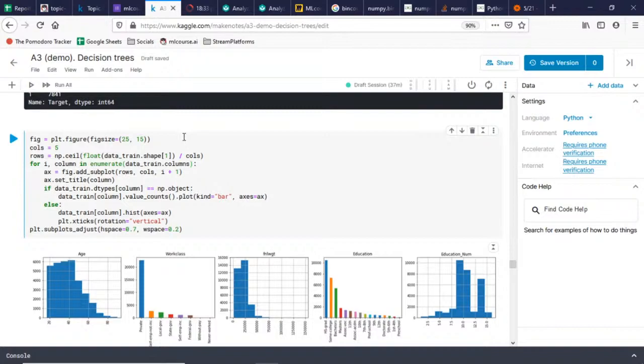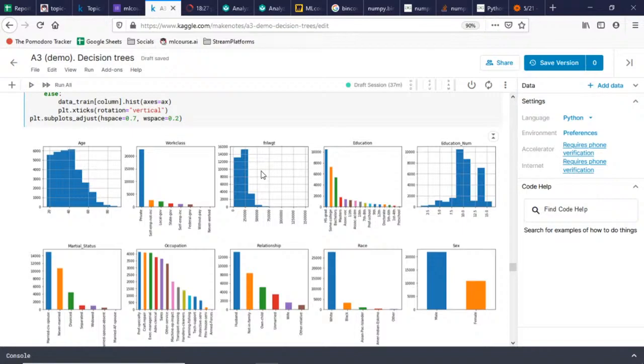Here we just plot every diagram for every data, I think.